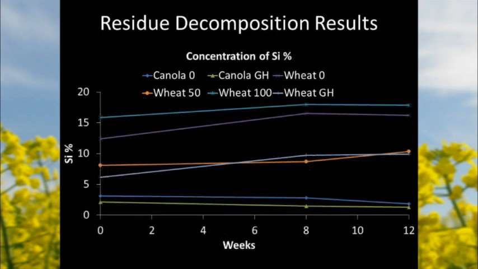And then this is just showing how the silica itself was being broken down. It had kind of a steep incline at first, and then it started to plateau right about that same point at week 8. So it seems like all of the residues, no matter what their different compositions are, have that same window through week 8, and then they kind of spread out a little bit.